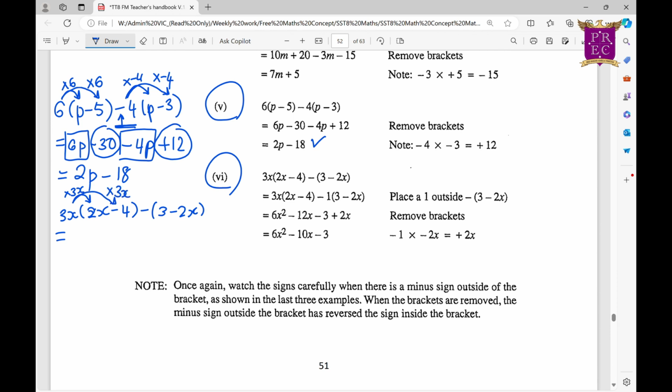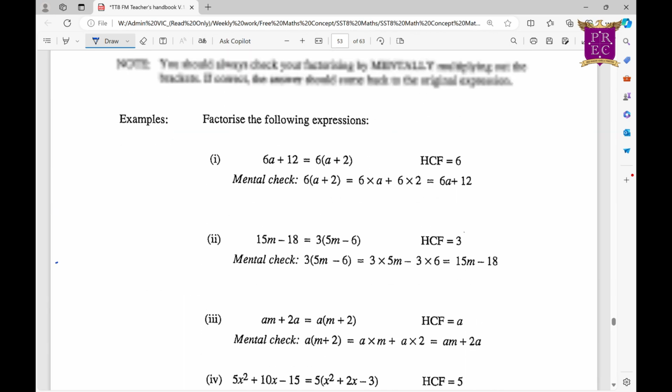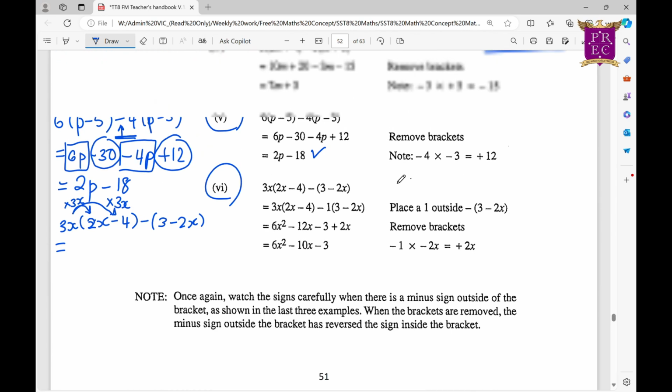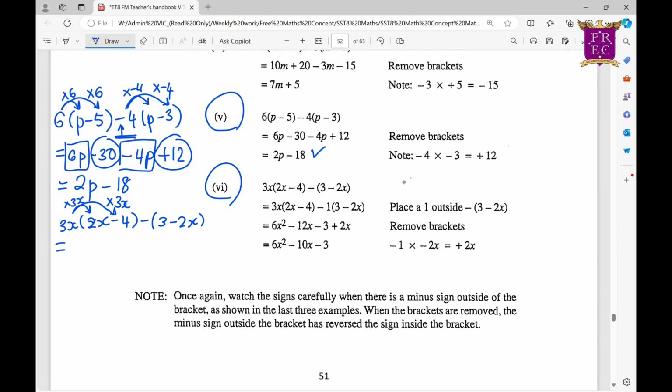So let's do that first. Negative 3x times by 2x. So because there's x's being multiplied with another x, we will write that as x squared. And 3 times 2 just gives us 6.